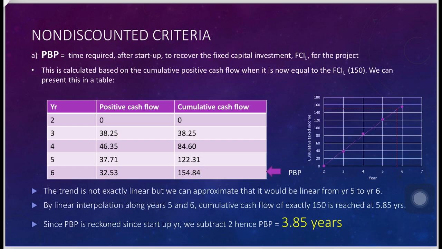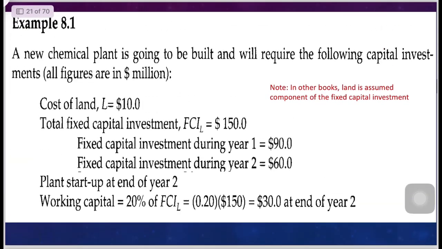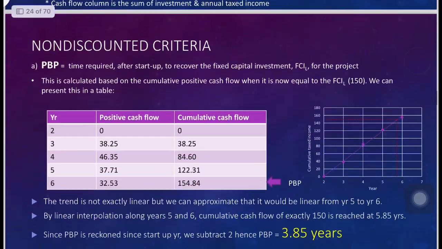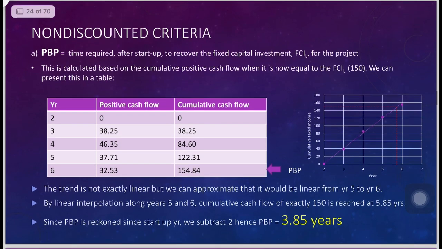So that was 90, how much was it? It was 90 plus 60. Okay? So that is the non-discounted criterion, the payback period, or the fixed capital investment. So you need to recover that. And the time needed to recover that is the payback period.